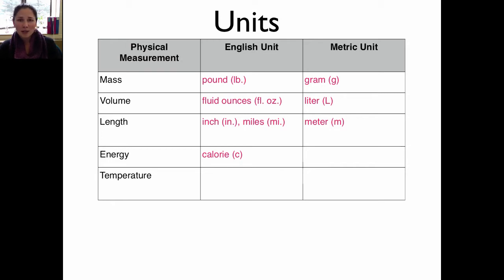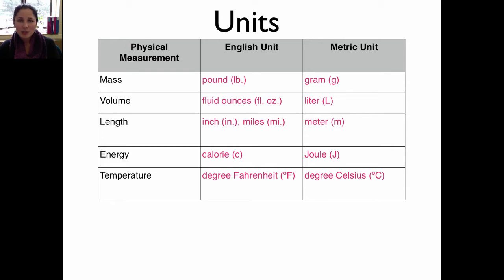And energy in the metric system is a joule with a capital J. Temperature is measured in degrees Fahrenheit in the English system and degrees Celsius in the metric system. The abbreviations for all of these units are in parentheses, and you should get familiar with these abbreviations.